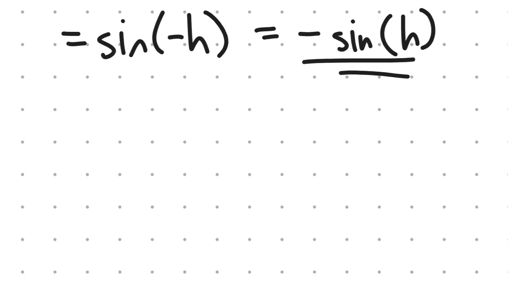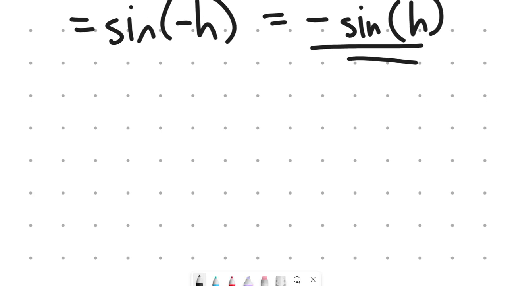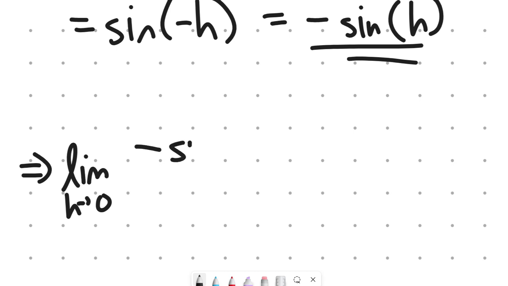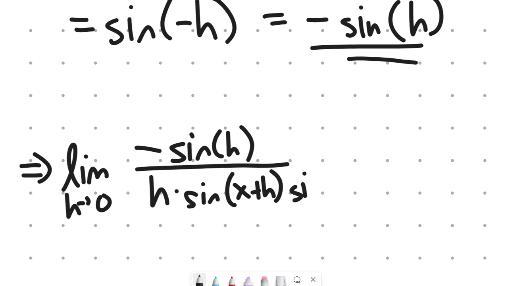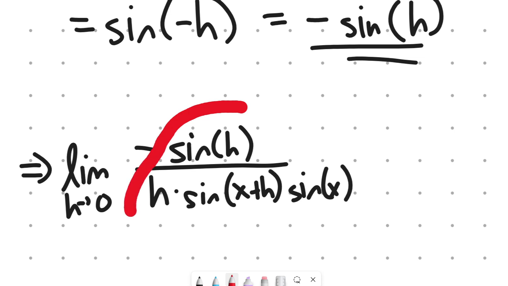So we will now put the negative sine of h into our new limit. It is actually the same limit, just a different mathematical expression. So it's minus sine of h over h, and the denominator hasn't changed at all. I'm going to write all of them down and you'll see something very nice.